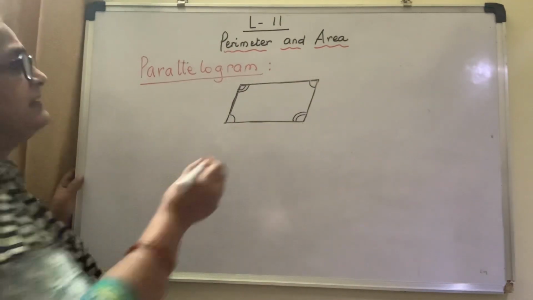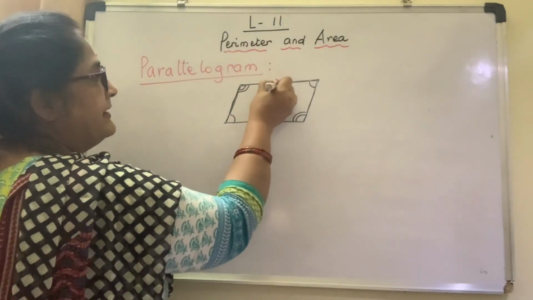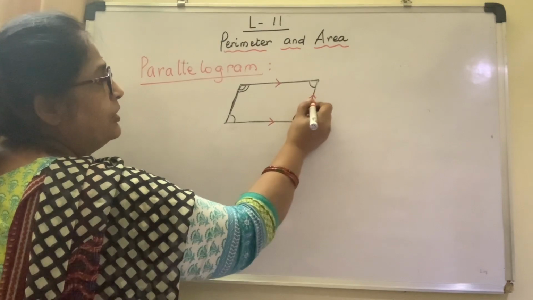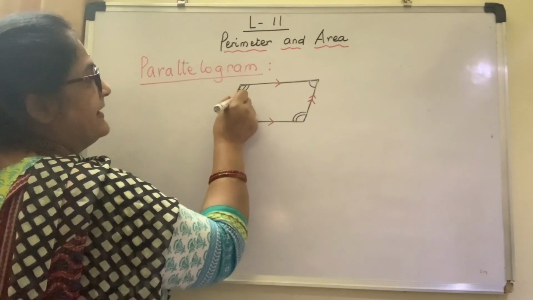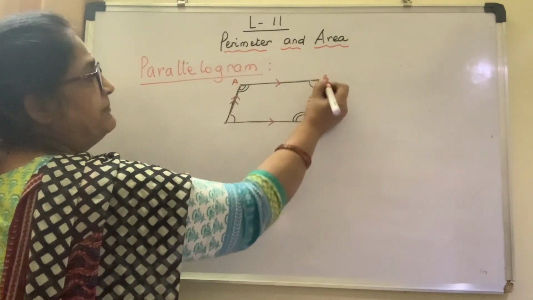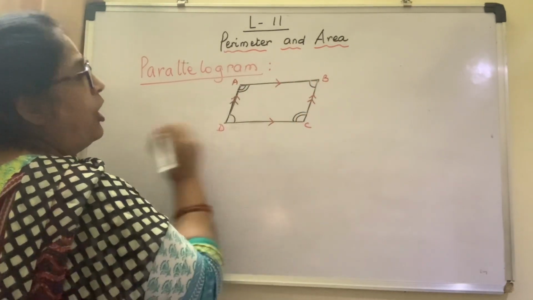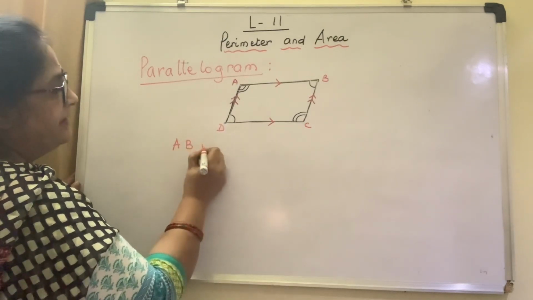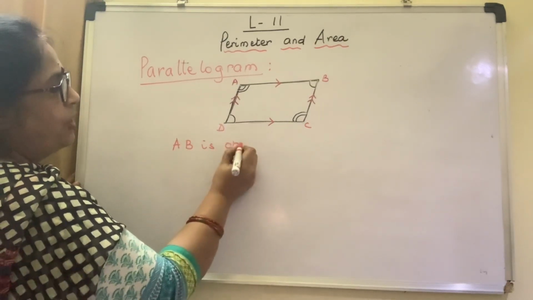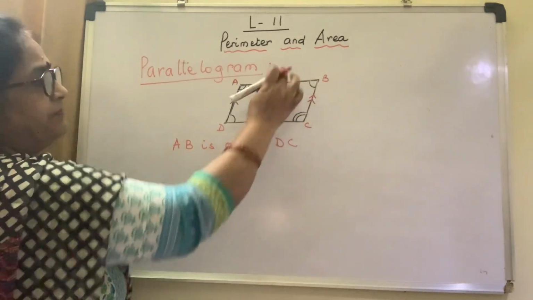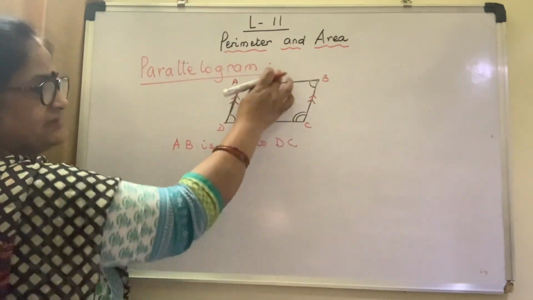But basically, a parallelogram is a figure in which the opposite sides, if I name this A, B, C, D, opposite sides, like AB is opposite to DC. AB and DC are opposite sides.